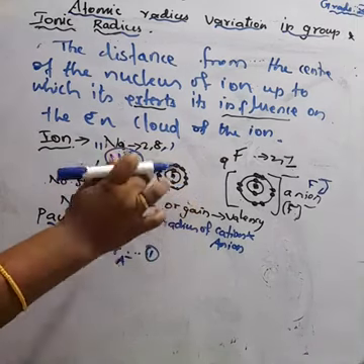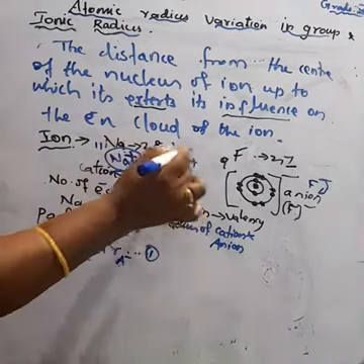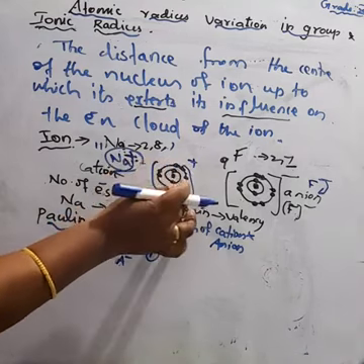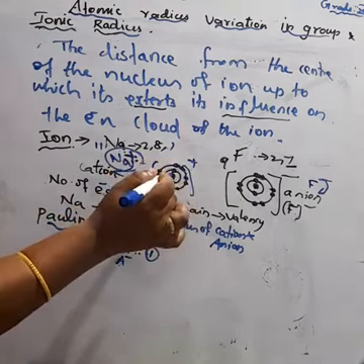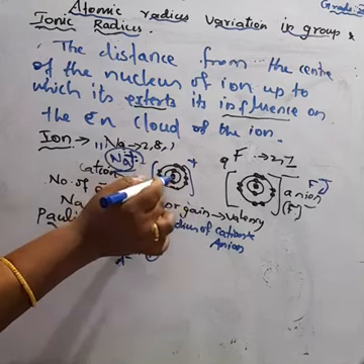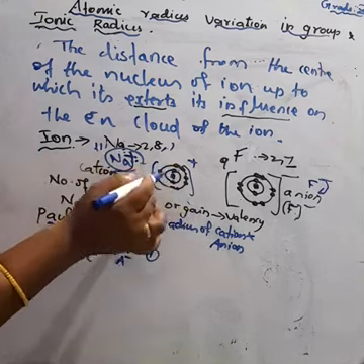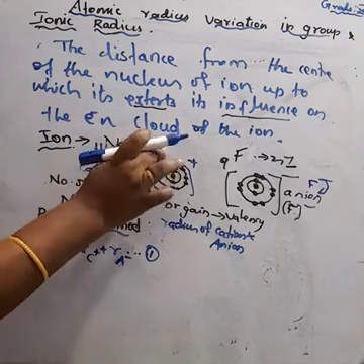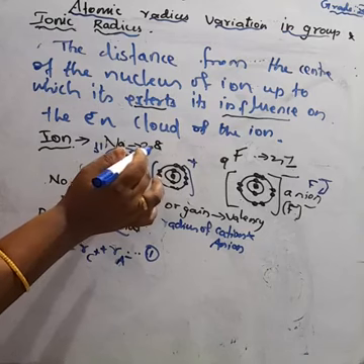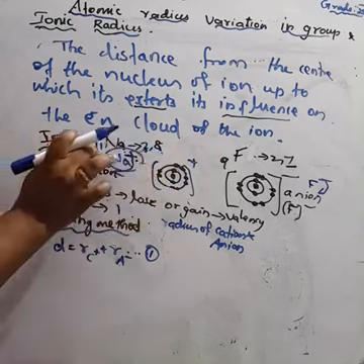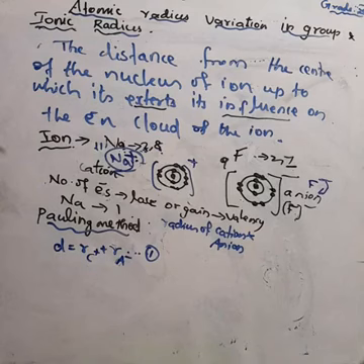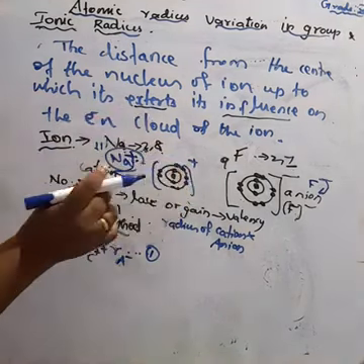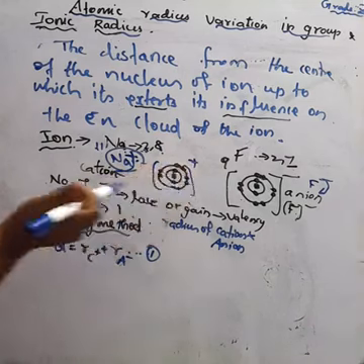So the number of protons is higher than the number of electrons. The atomic number means the number of protons and the number of electrons. Here there are 11 protons, but only 10 electrons. So the nuclear charge is higher relative to the electrons, so the nucleus attracts with a very high force.